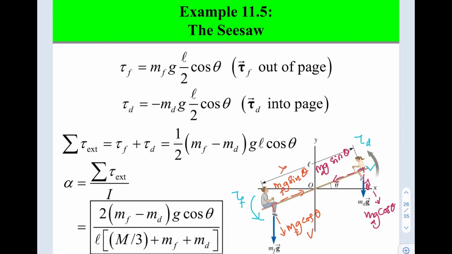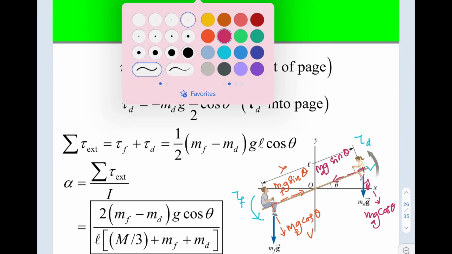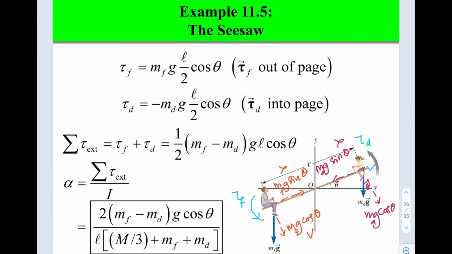So the one that is going to have rotation is this one, not this one. Not this one. Yes, this one. So the torque produced due to the daughter is clockwise, so it has a negative sign. The torque produced due to the weight of the father is counterclockwise direction, so it's a positive sign.